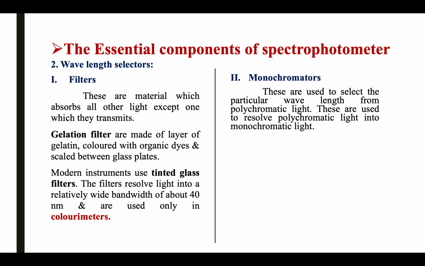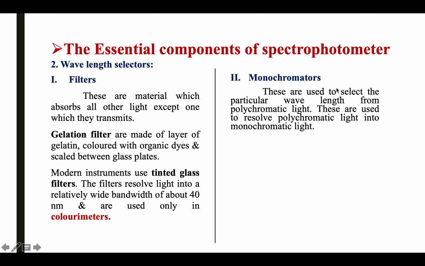Another type of wavelength selector is the monochromator. The recent instruments, the spectrophotometers, generally use the monochromator. Monochromator means only one color: chromo means color, mono means one. So only one color they are going to use at a time. That is the purpose of the monochromator.